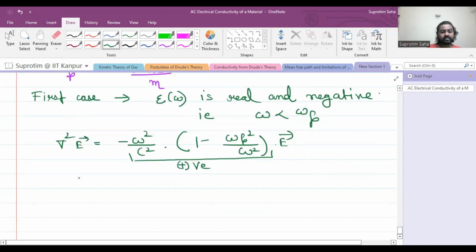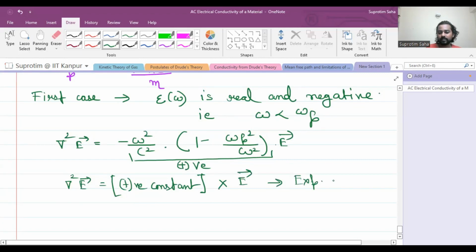So this is an exponentially decaying solution, because this is some positive constant times the E vector. Thus, an exponentially decaying solution.